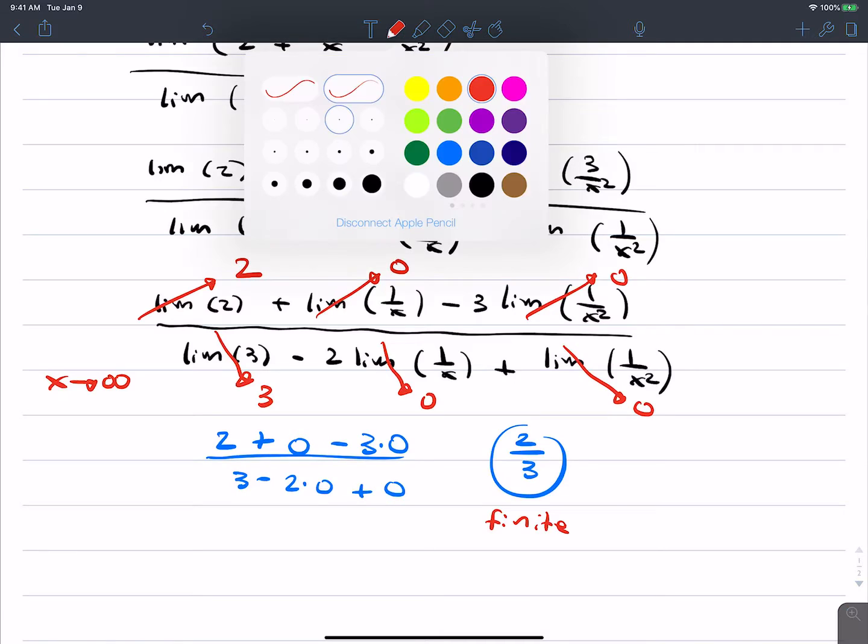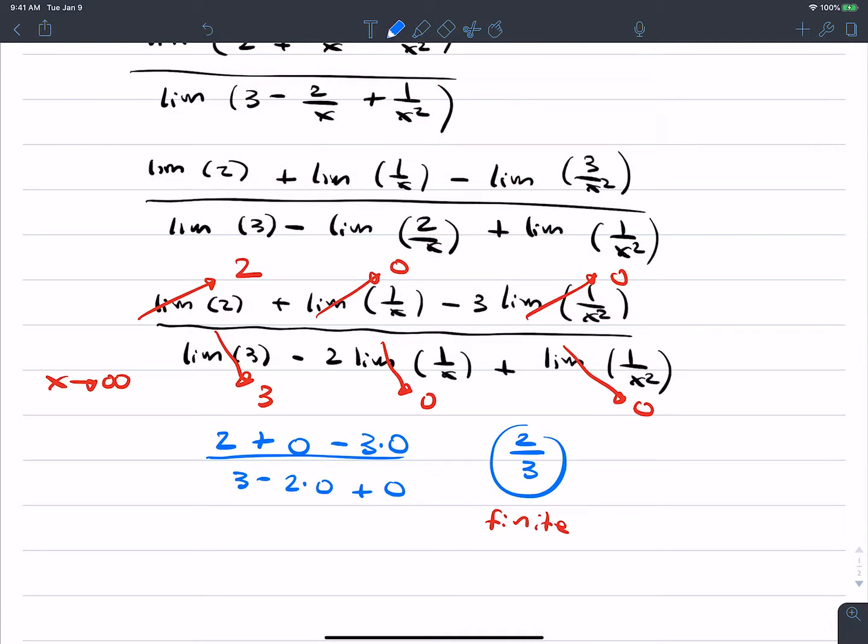So if it's a finite value, what do we just find here? Remember? y equals 2/3 is a horizontal what? Asymptote. All right, there you guys go. So that's the first example.